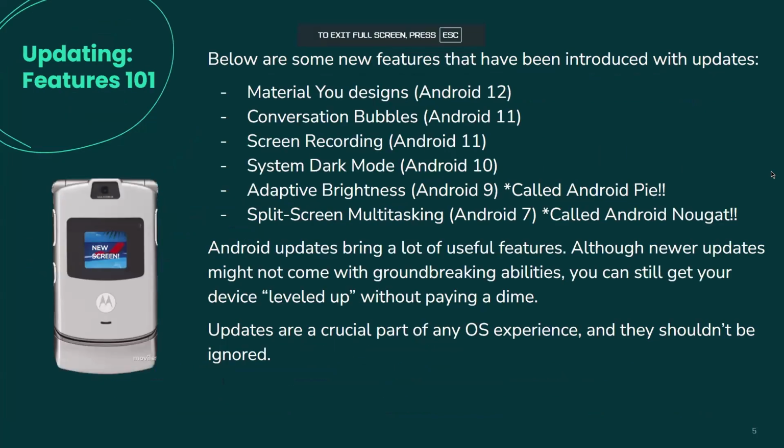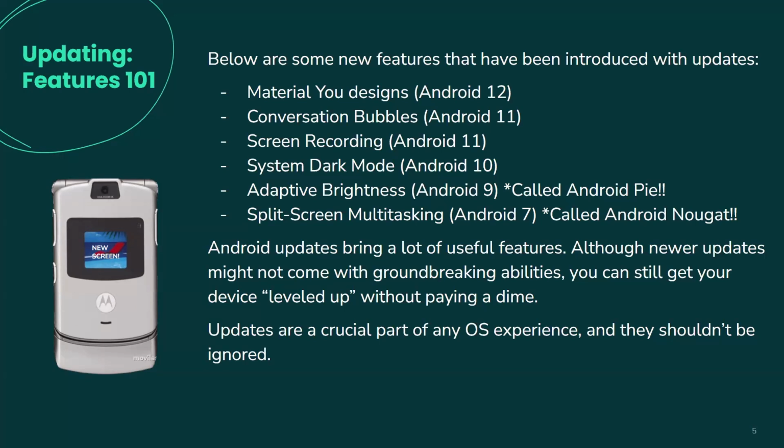So below are some features that have been introduced with updates in the past. In Android 12, you got the ability to change the designs. In Android 11, they added conversation bubbles. Similarly, in Android 11, they added screen recording capabilities.